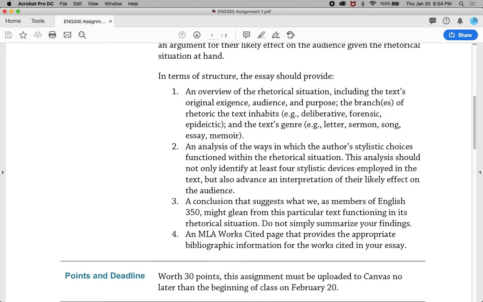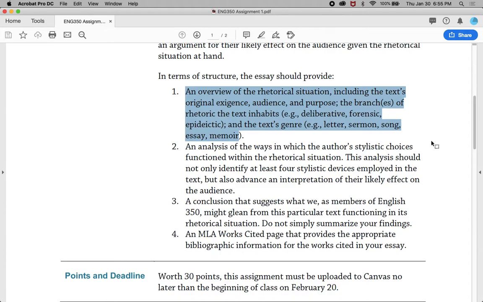really three major moves, or four if you include the works cited, that you need to make. First, before you even get to the style devices and their possible effect on the audience, you'll need to set the context for the text, right?